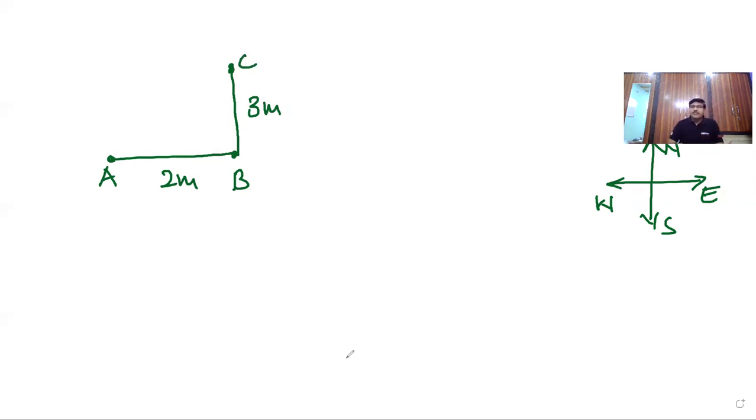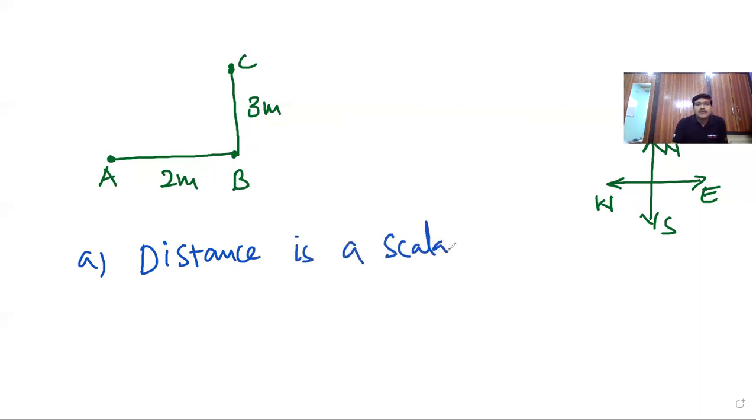Clear? Now, distance is the same. Distance is path length. So distance is a scalar quantity. Hence, no vector is involved in distance. I write clearly, distance is a scalar quantity.